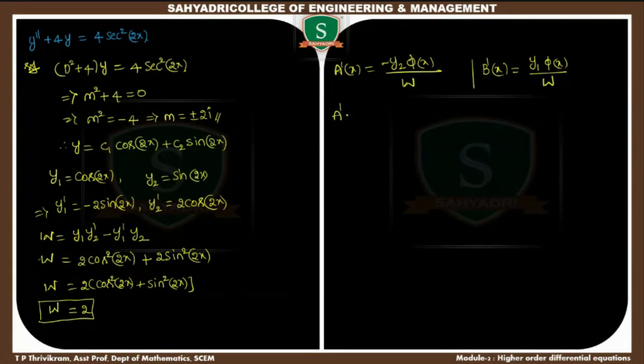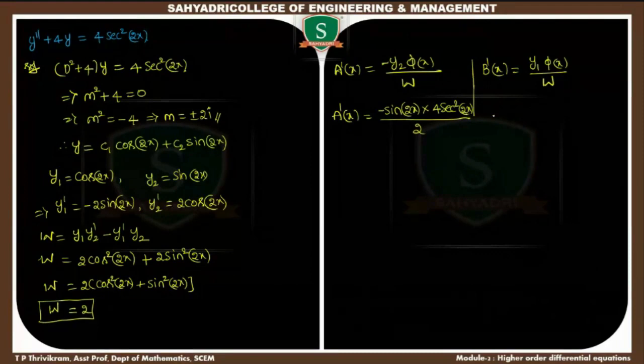In a dash of x, substitute y2, so minus sin 2x into 4 secant square 2x. So this is phi of x, right? Divided by the Wronskian, which is 2.